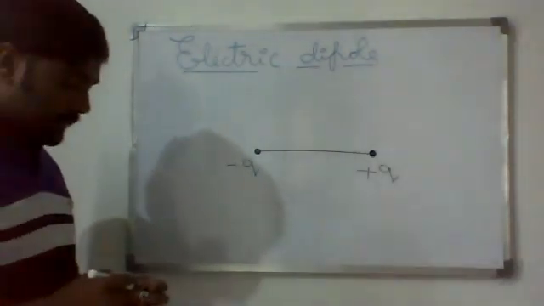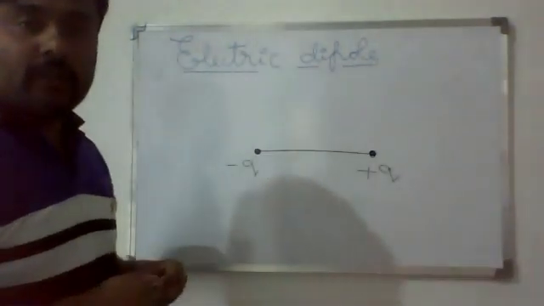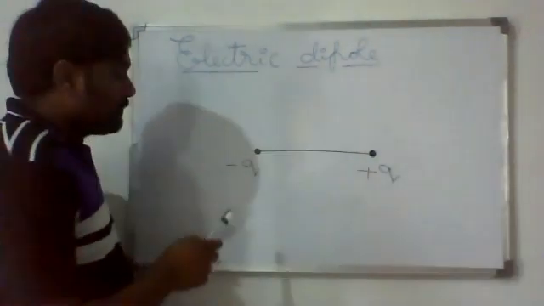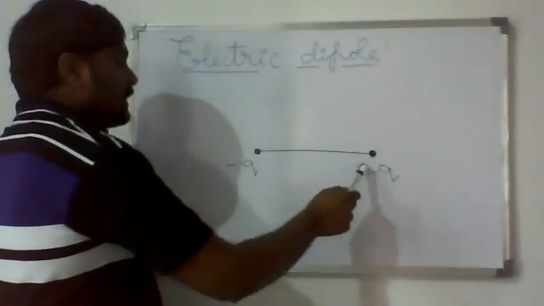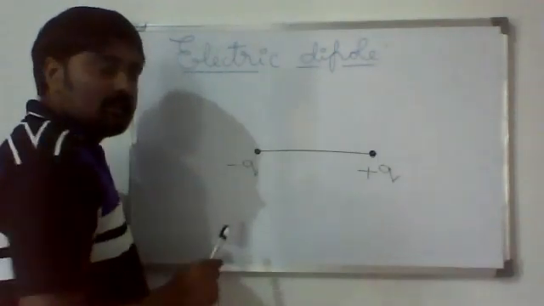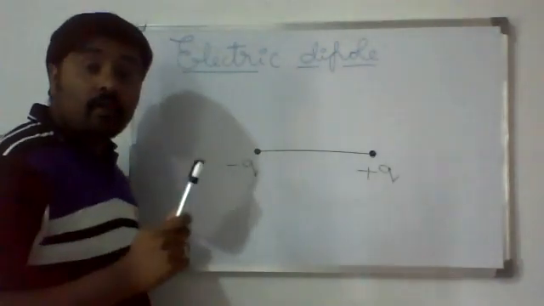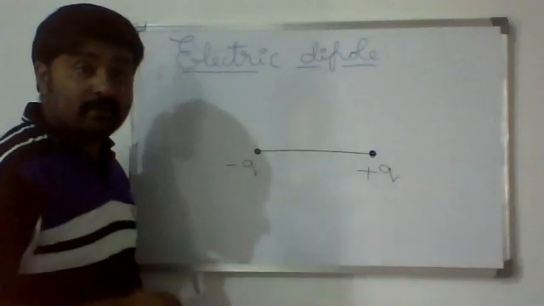That is the meaning of electric dipole. What is the meaning of electric dipole? A pair of equal and opposite charges separated by a small vector distance.